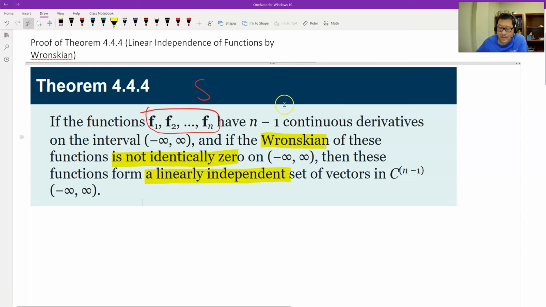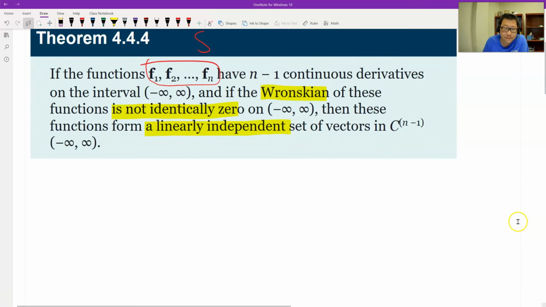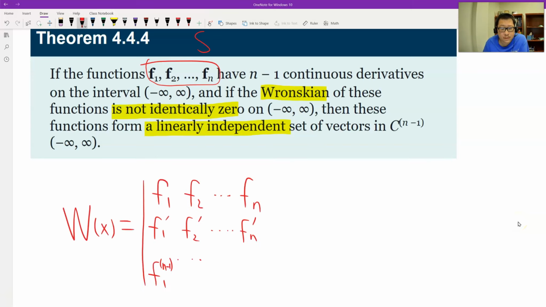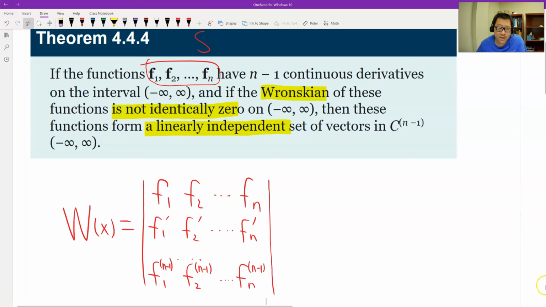What is the Wronskian? Let me put the definition here first for you. This is the definition of the Wronskian. What does it mean? This is a determinant of an n by n matrix. The first row is the original functions, the second row is the first derivatives, the third row is the second derivatives, and so on, up to the (n minus 1)th derivative.